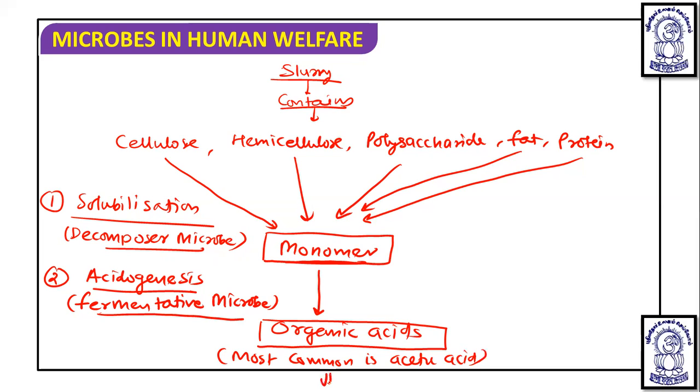Now, further, this acetic acid or organic acid is treated by methanogenesis. Further, the third step is methanogenesis, which is carried out by the methanogens.